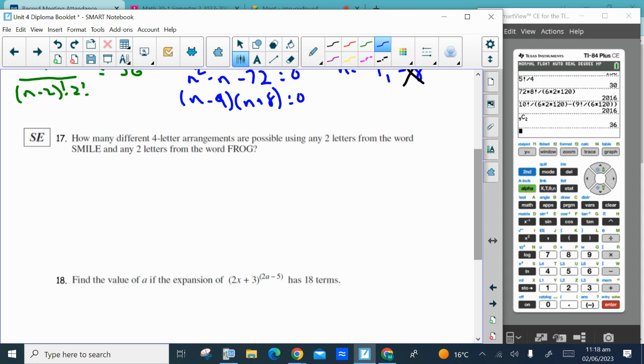So for our first step, we can use combinations. Then we will arrange them, and that's when we'll talk about the second step, which will be a permutation. But originally, we have to choose 2 letters from the word smile, so that will be 5C2, and times 2 letters from the word frog will be 4C2.